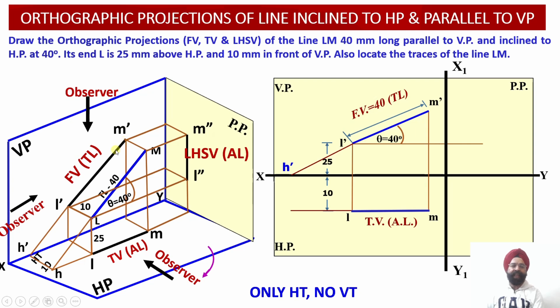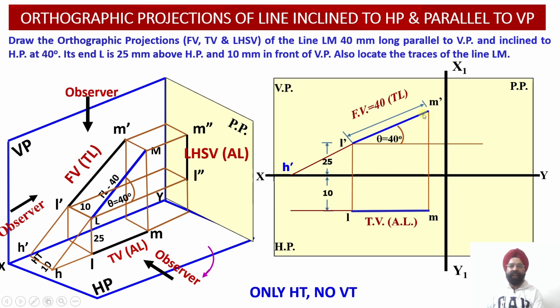We have to extend this line L dash M dash so that it meets the XY reference line to obtain point H dash. And from point H dash, we have to draw a vertical projector line in such a way that it meets the plan projection line itself or its extension in the 2D orthographic projections.